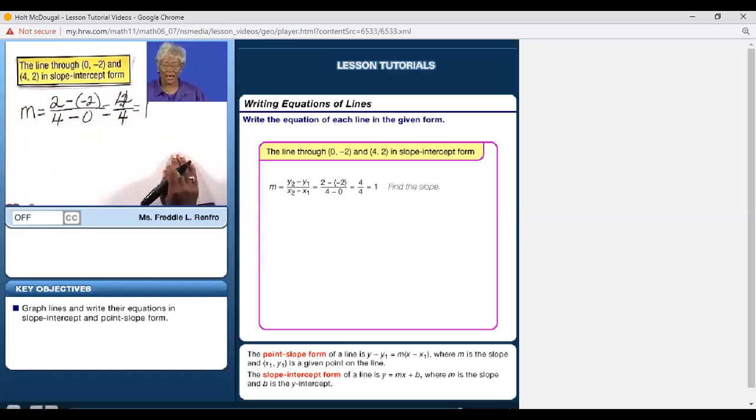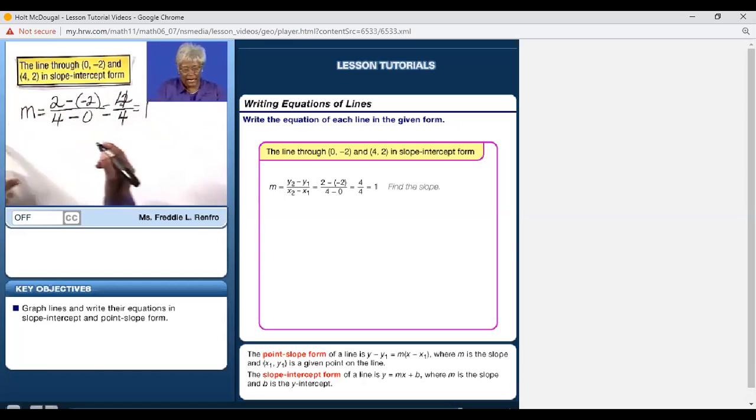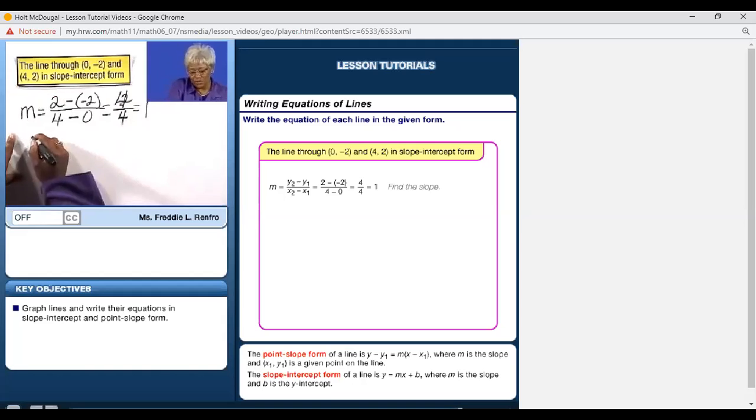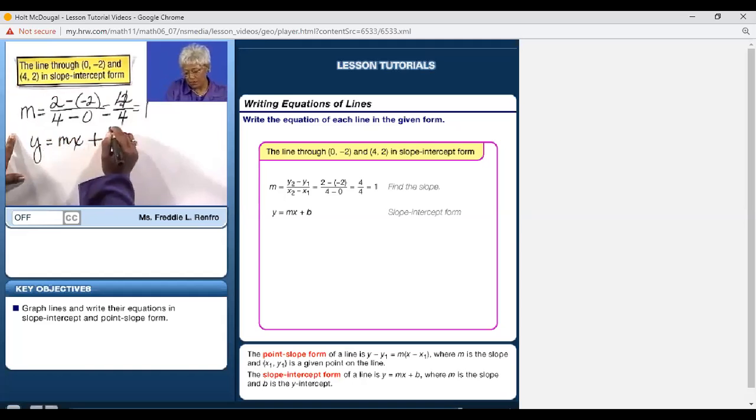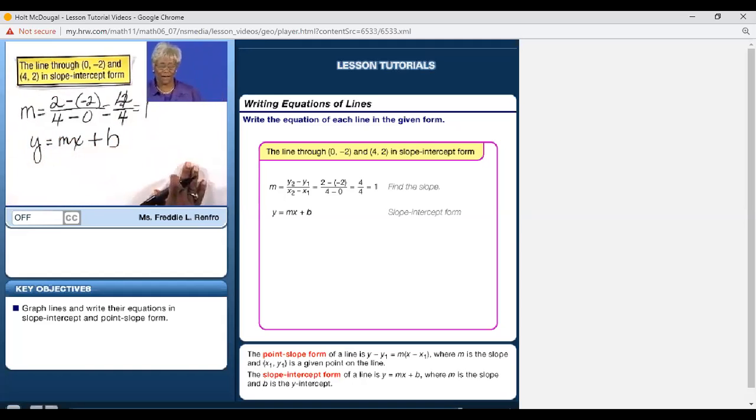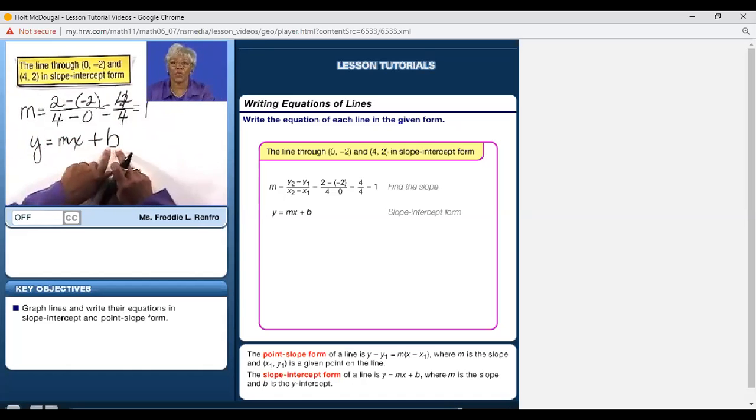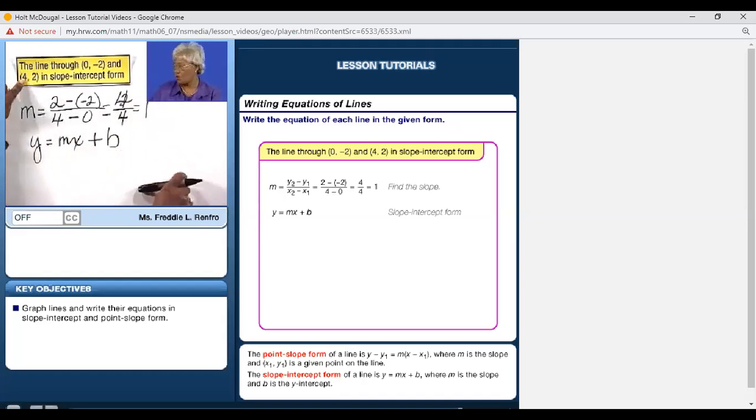Now we need to find the y-intercept. Okay? Well, to find the y-intercept, let's still use y equals mx plus b. We know the slope, and we know one ordered pair. Well, let's use this ordered pair, 4, 2.